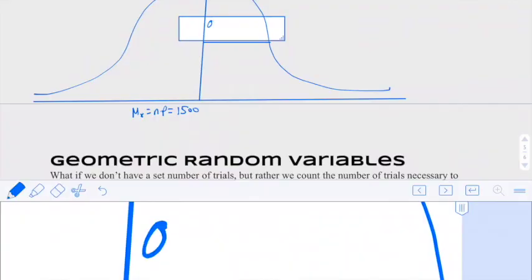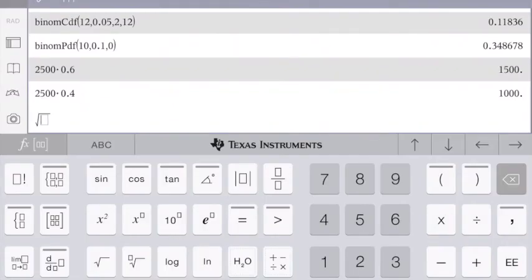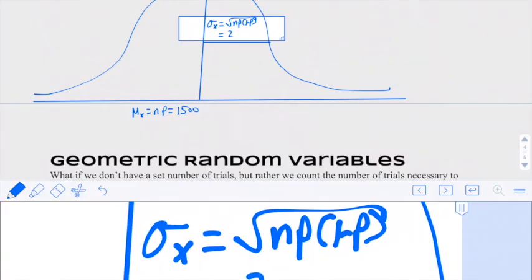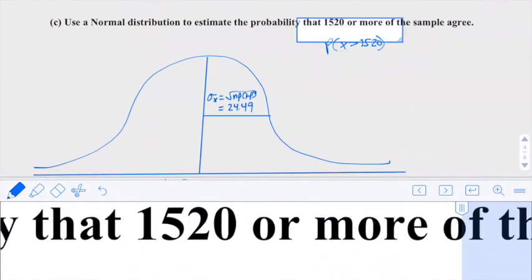From right here. And sigma of X is the square root of np times 1 minus p, which is 24.49. And we want to know the probability that X is greater than 1,520.